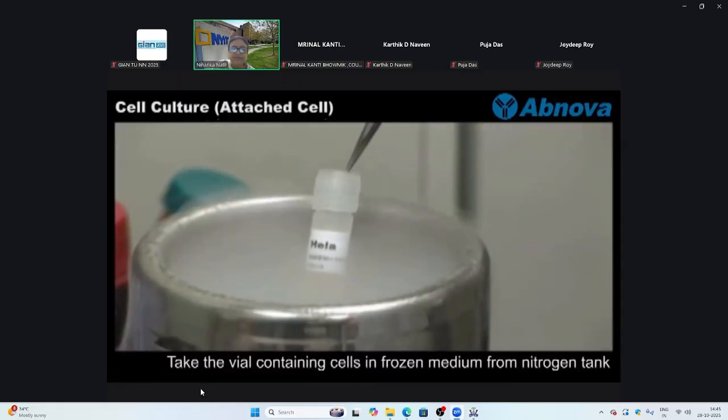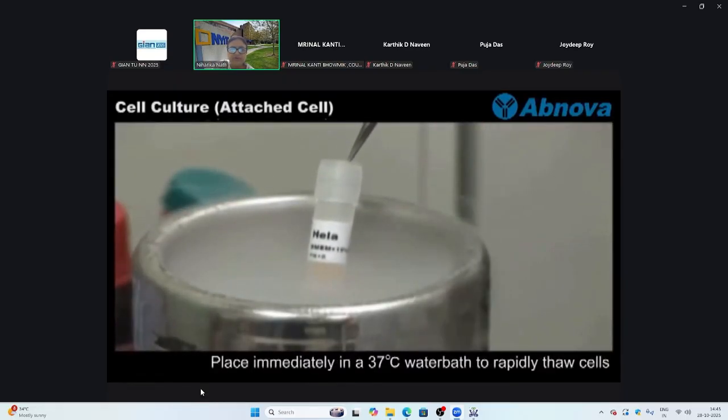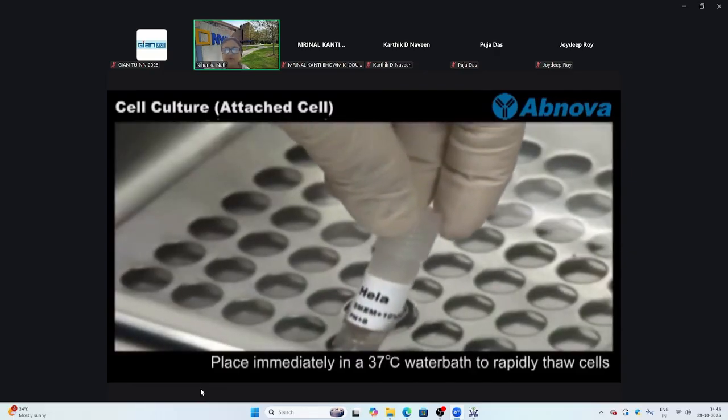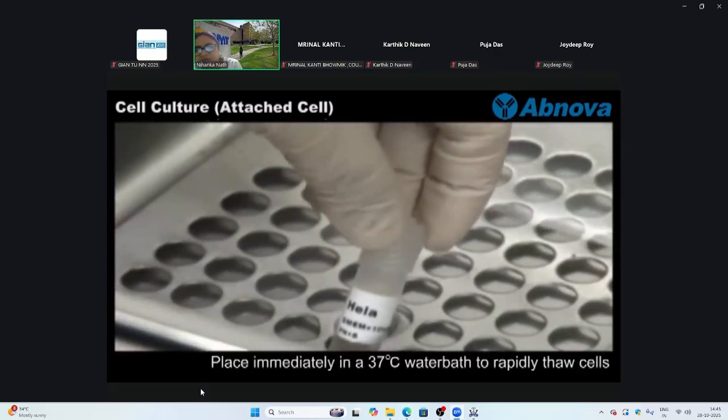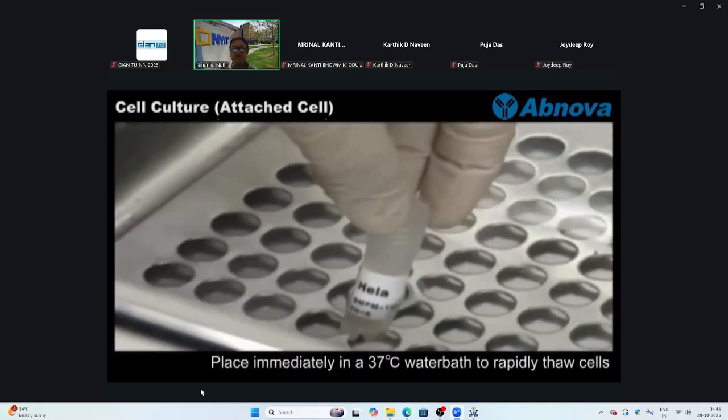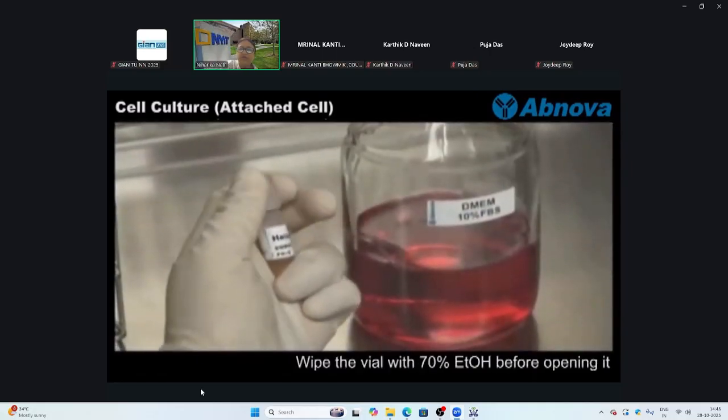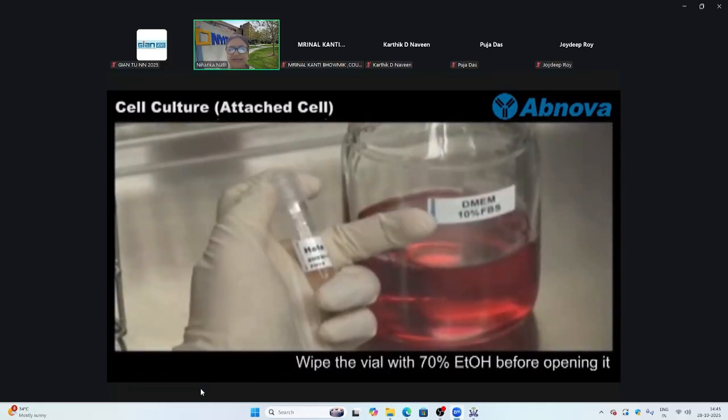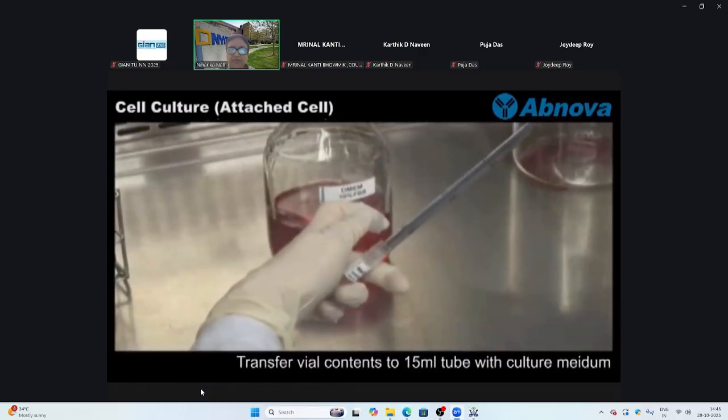So I just want to show you how cell culture is typically done. These are from frozen cells, cells that have just been taken out of the liquid nitrogen, and you warm them, and immediately you have to put them in tissue culture medium.